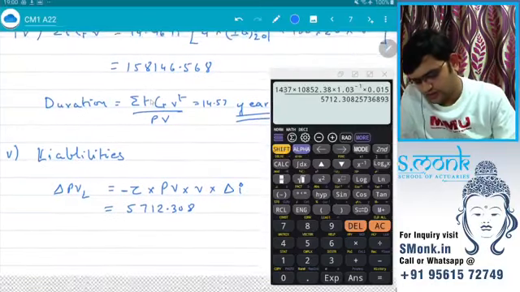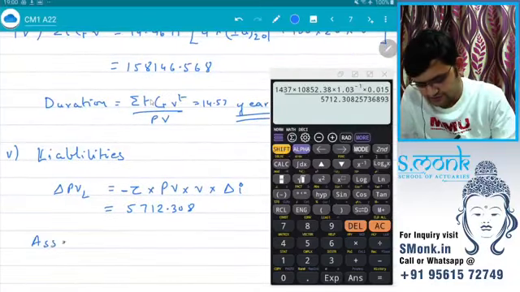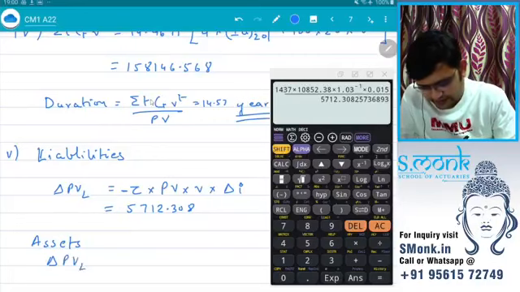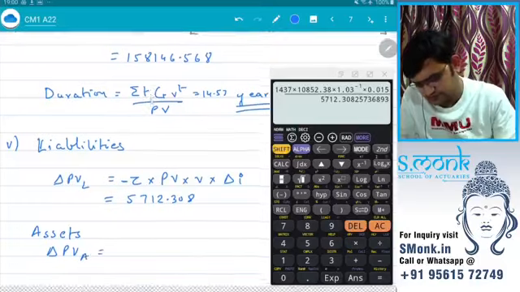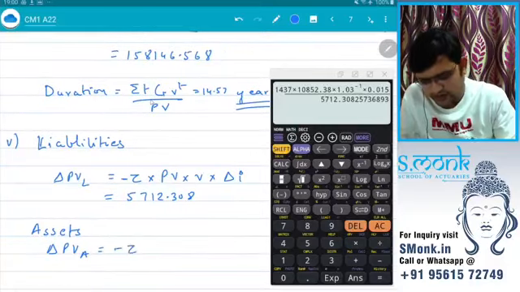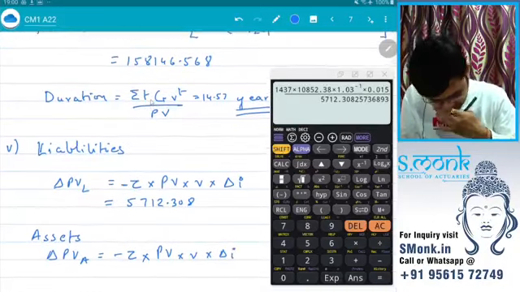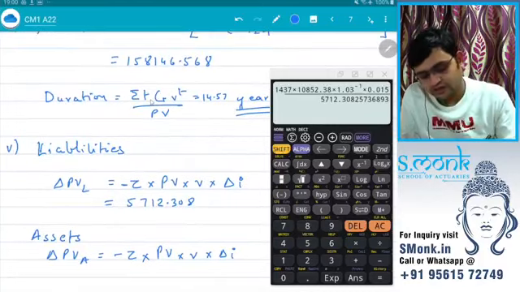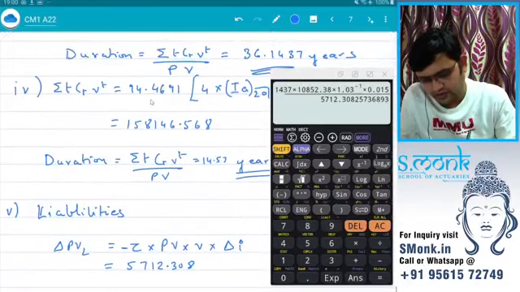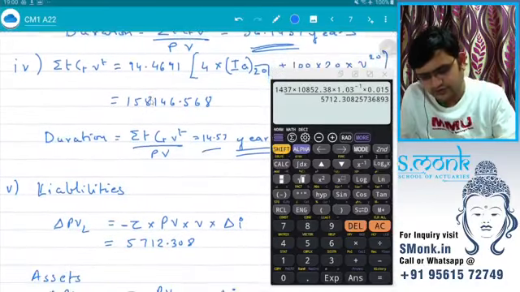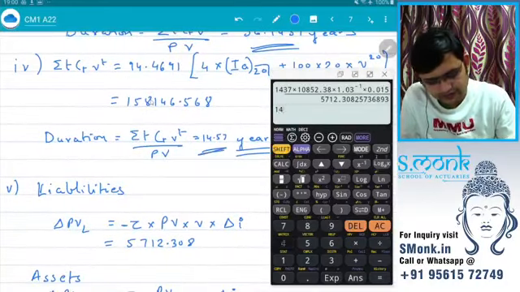Okay, what about assets? Change in present value of assets, so minus tau again for assets, present value of assets. Discounting factor is the same, change in rate of interest is the same. So tau for assets was 14.57.